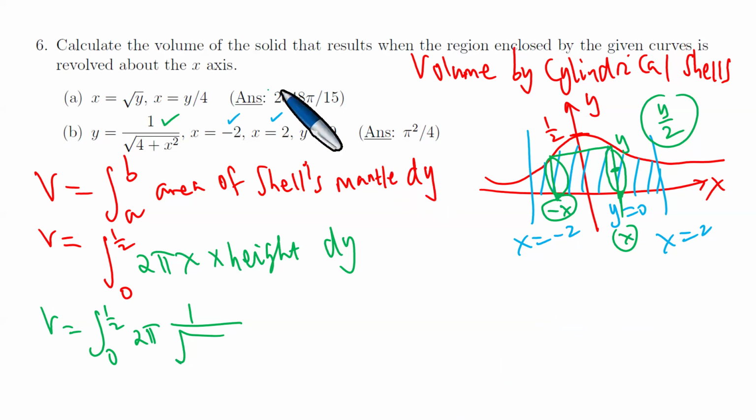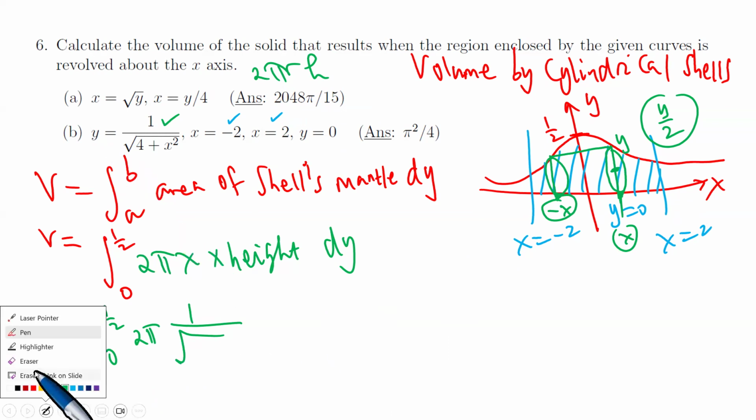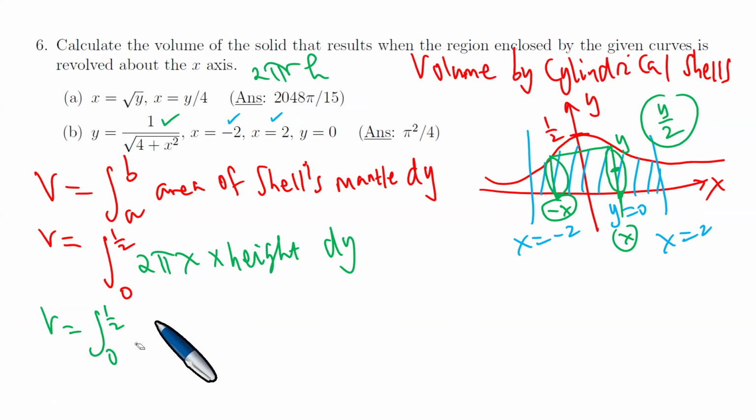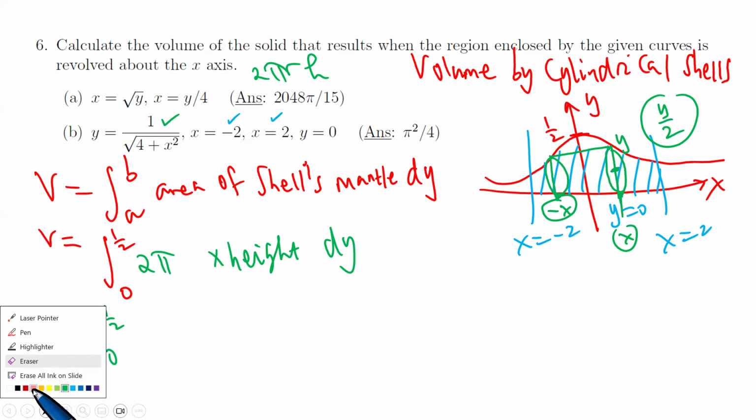So this is going to be 2 pi r h. If the disk is lying like this, its radius is y out of 2. Then the height is, okay, it doesn't really matter what you do. But now let us put the variables accordingly.